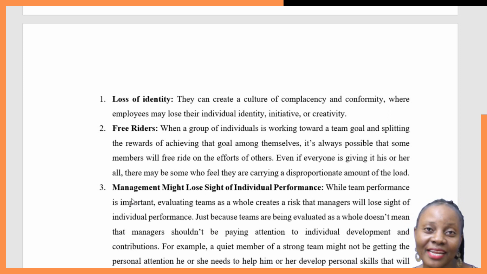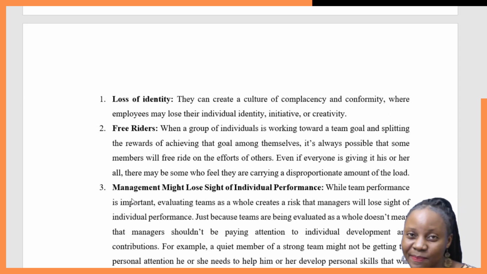Even if your effort was much more than the rest, definitely it is substituted to the rest. So the reward, or maybe the recognition, comes to the group and not to the person, basically because management is looking at how that specific group or team has performed. So at the end of the day, management loses sight of the individual performance.